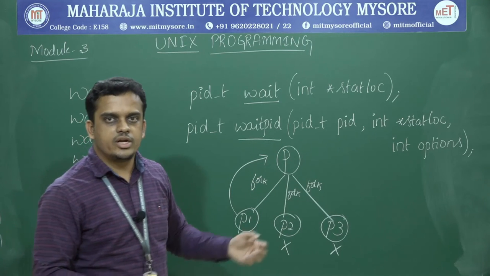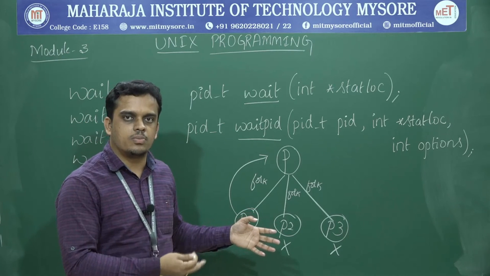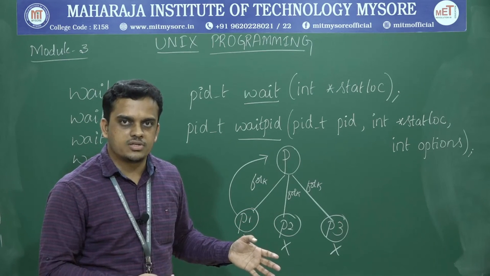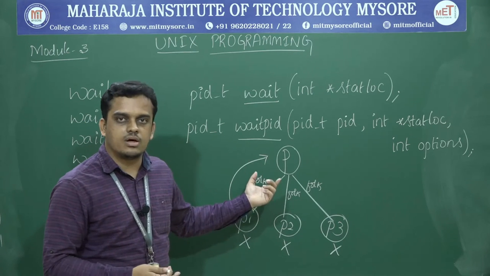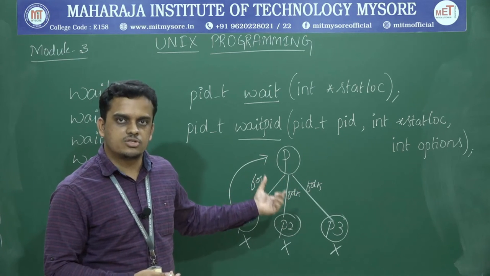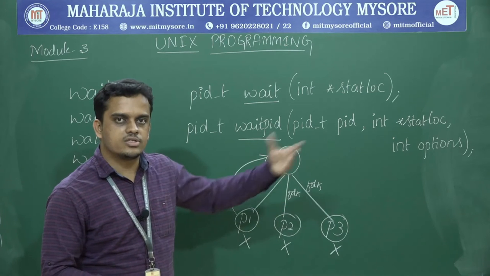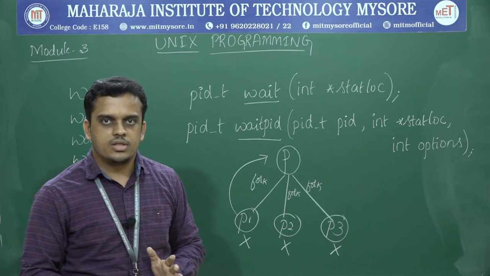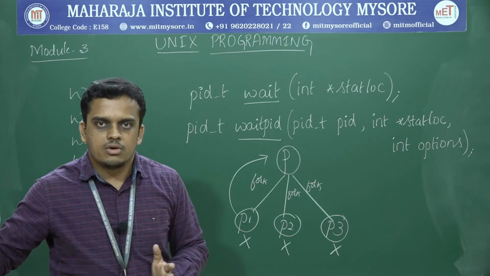Hence we need to keep doing this job iteratively and keep checking whether the retrieved termination status is the required one or not. If it is not, we need to ignore it and execute the wait function once again. That is the major flaw with the wait function.